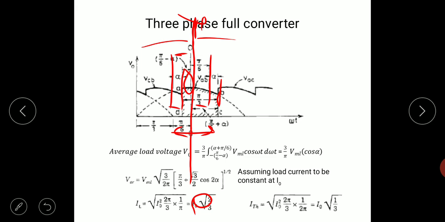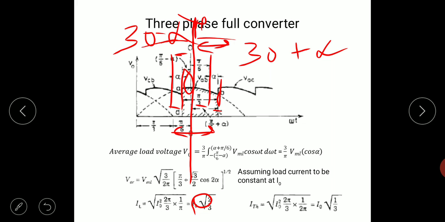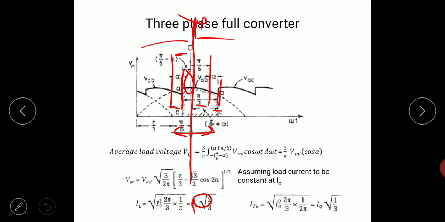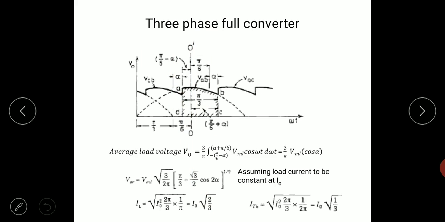Similarly, this is 30 degree and this is alpha, so this total will become 30 degree plus alpha. Right side is 30 degree plus alpha and left side is 30 degree minus alpha. So if we check for our load voltage, the lower limit will be negative.